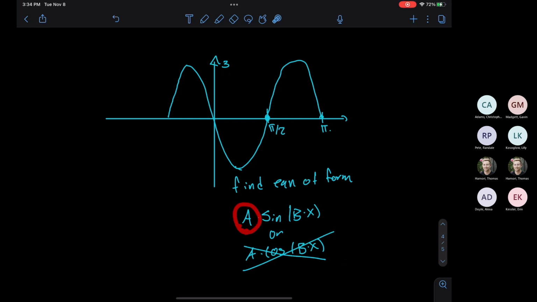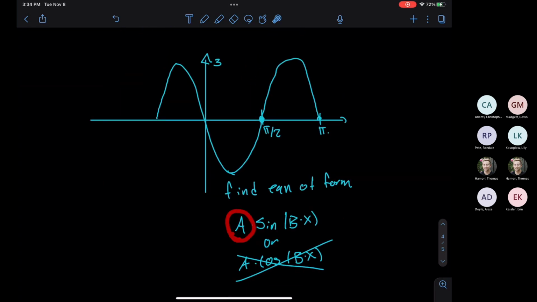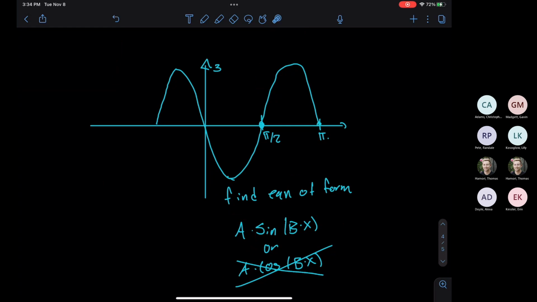How is the a going to affect the graph of the sine function? To multiply out front by a number, what will that do in terms of transformation? The amplitude. Yeah, it's going to give us the amplitude. In particular, as a transformation, it's going to tell us how much we are going to vertically stretch or vertically shrink by.